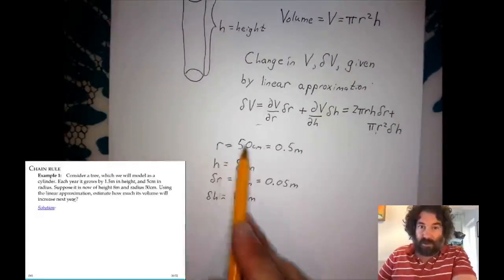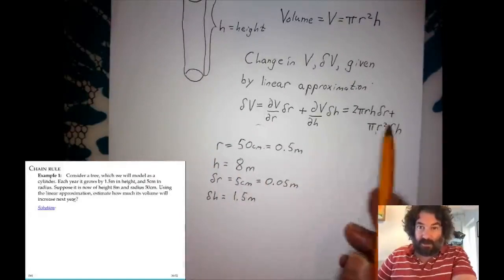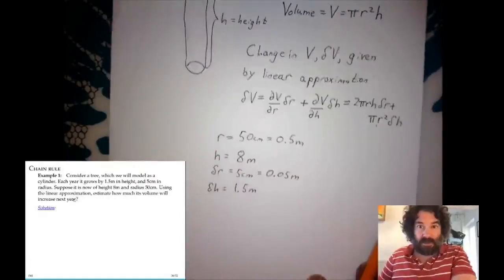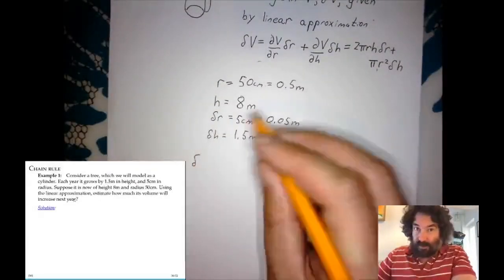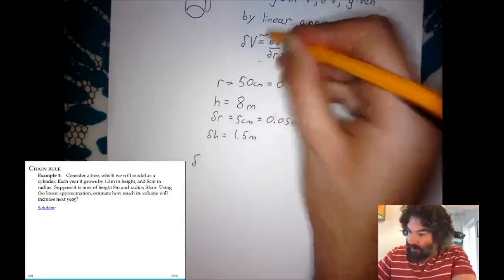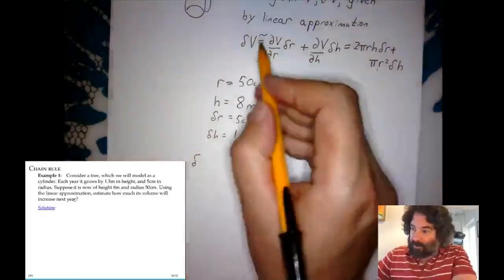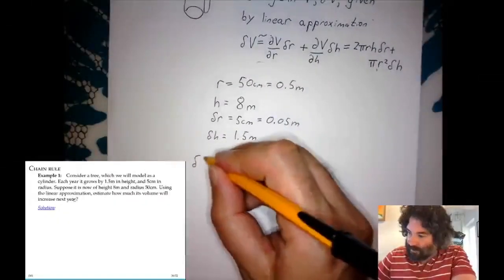Okay, so we have all the quantities we need, and we have the formula for the linear approximation and the change in the volume. And so delta V, and maybe I should say really an approximately equal sign here to emphasize it's an approximation.